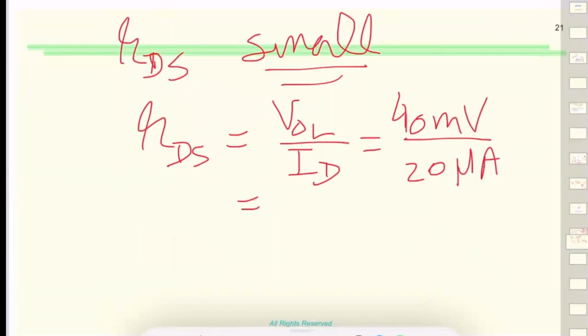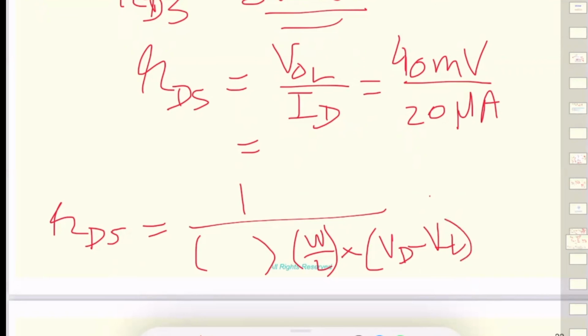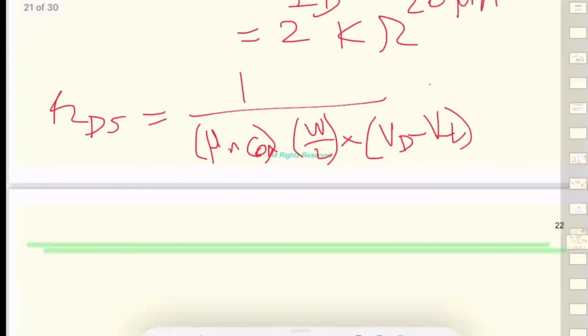Now, why do I need RDS? Because I will be using my RDS relationship. If you recall, that was a long relationship which had mu n CMOS W over L, which we need to find, times VDD minus VT. So my RDS is 2 kilo ohms. Which means I have everything here except this, of course, that we need to find out.